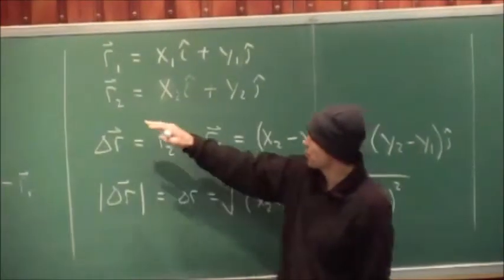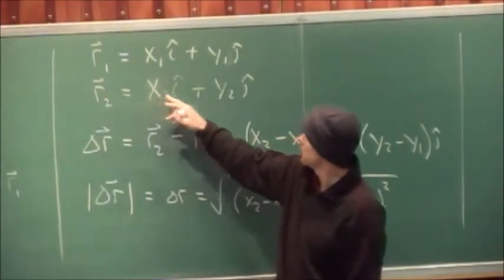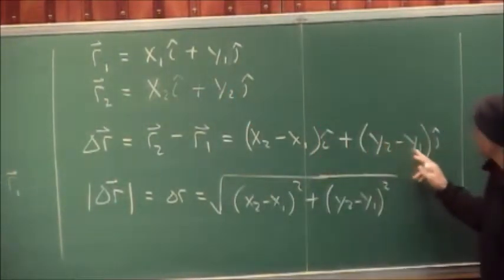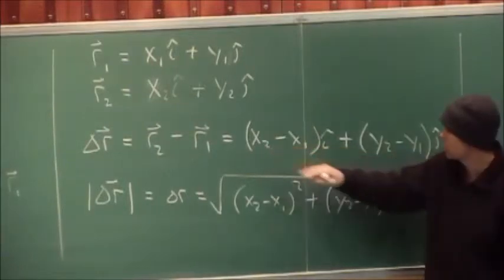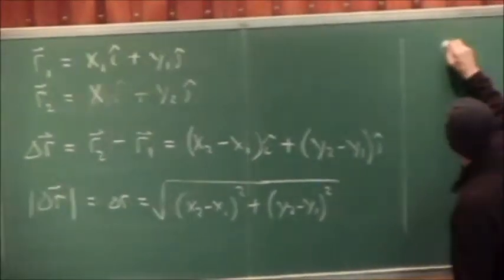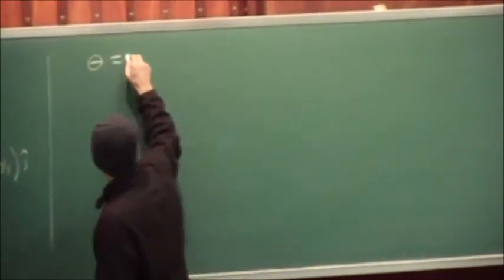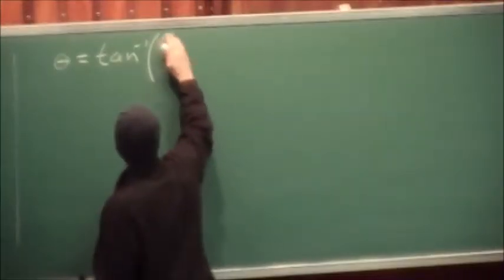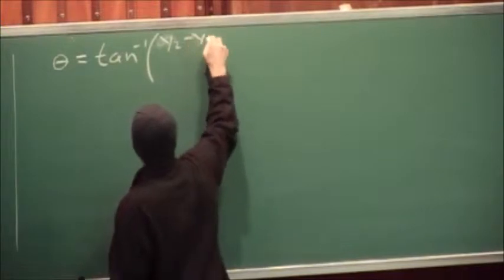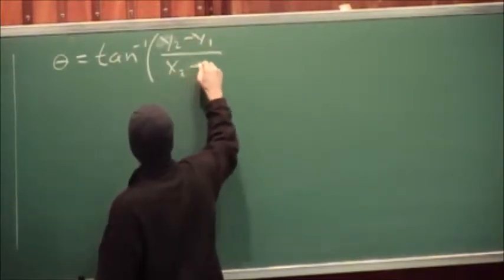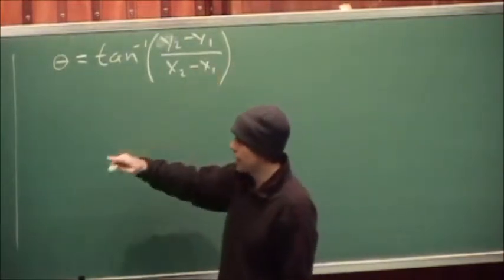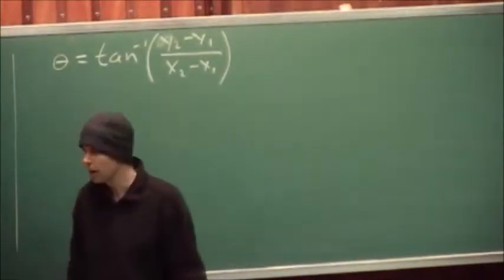If we want to find the angle, then we simply take the tangent, the opposite over the adjacent, which is y2 minus y1 over x2 minus x1. So now we have both the direction and the magnitude of delta r.